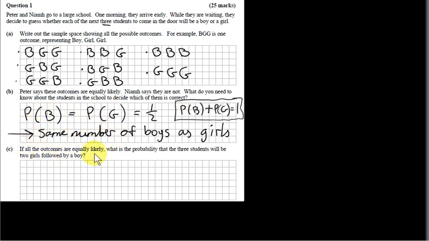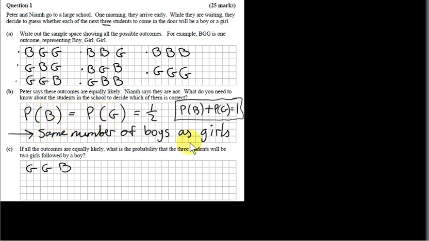If all the outcomes are equally likely, what is the probability that the 3 students will be 2 girls followed by a boy? So 2 girls followed by a boy can be written as GGB. Well, we're saying that the probability of a girl passing through the door is equal to the probability of a boy passing through the door, assuming that we have a perfectly random system.